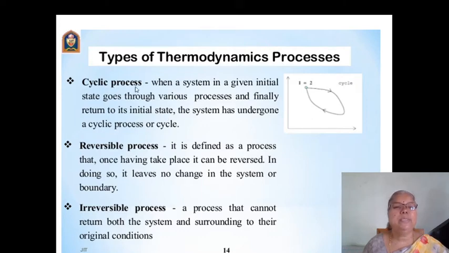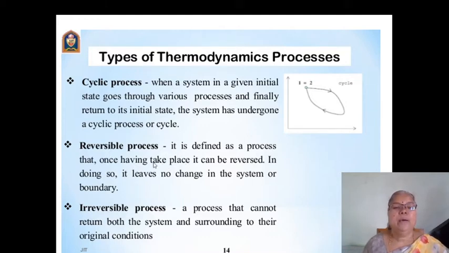Remember that in a cyclic process, the change in internal energy, delta E, is equal to 0.